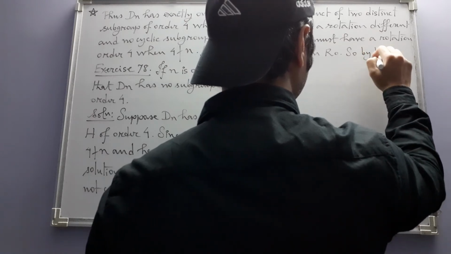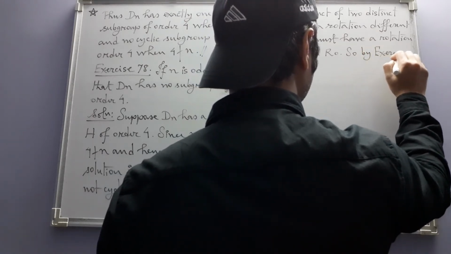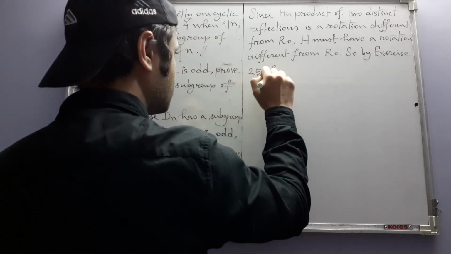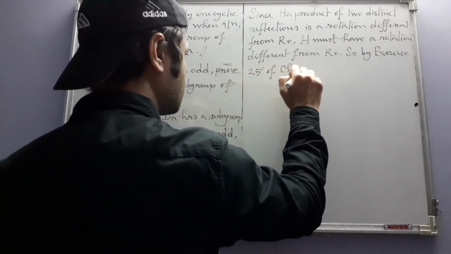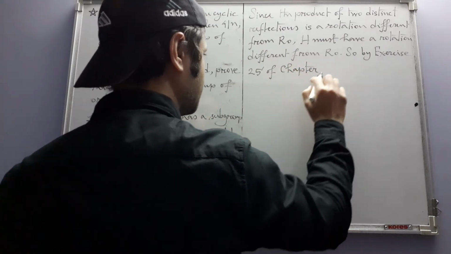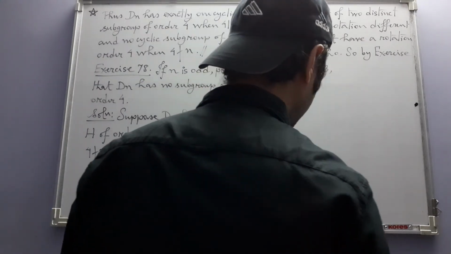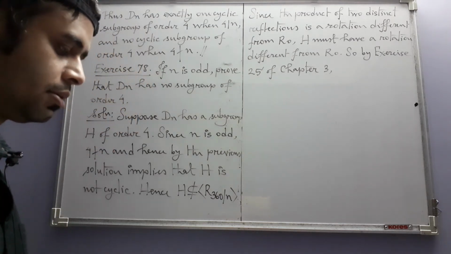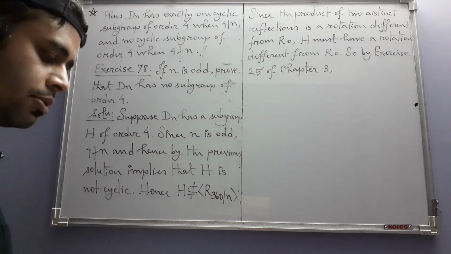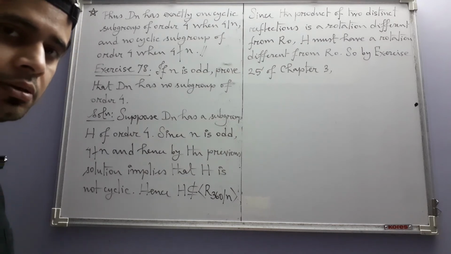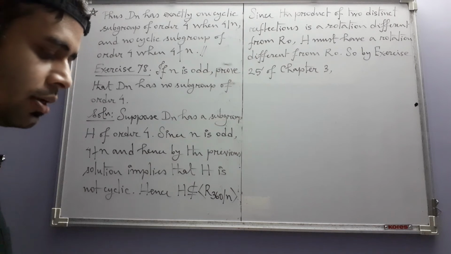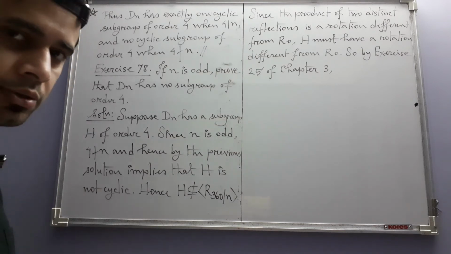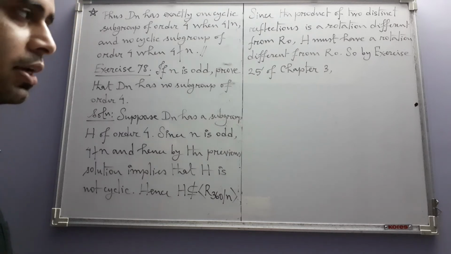So by exercise 25 of chapter 3, that exercise says that in a dihedral group, either a subgroup has only rotations in it, or exactly half of the elements in the subgroup are rotations and half are reflections.